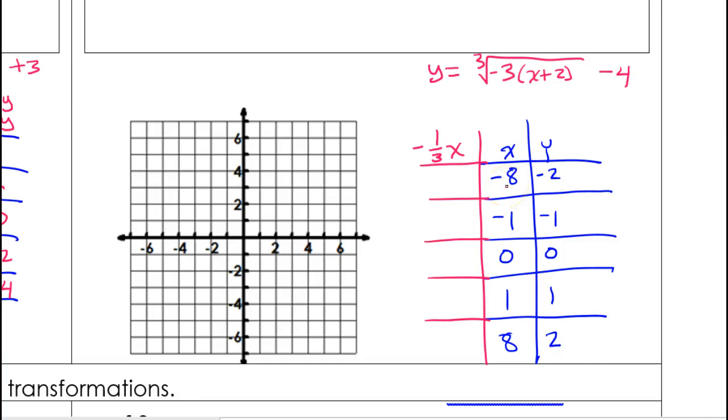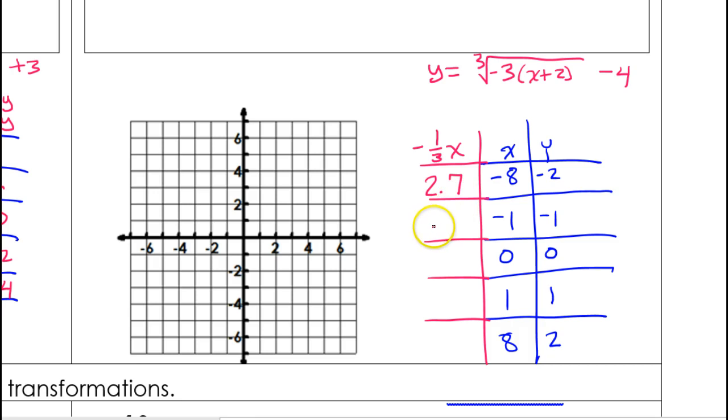So if I do 8 divided by 3, just using a 4-function calculator, that would give me 2.7. So this is going to be a positive 2.7, because a negative times a negative is a positive. So multiplying by 1/3 is the same thing as dividing by 3. So of course 1 divided by 3 is just 1/3.